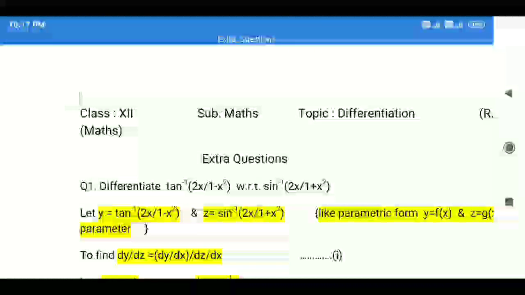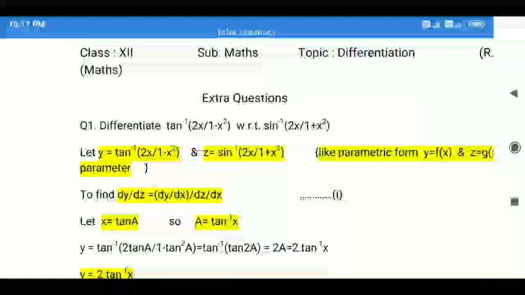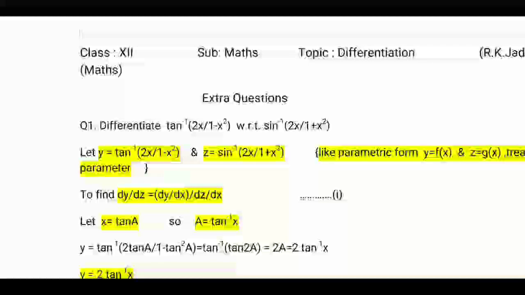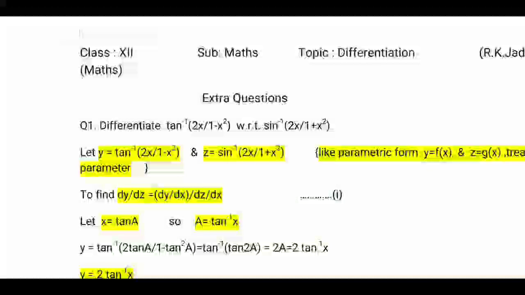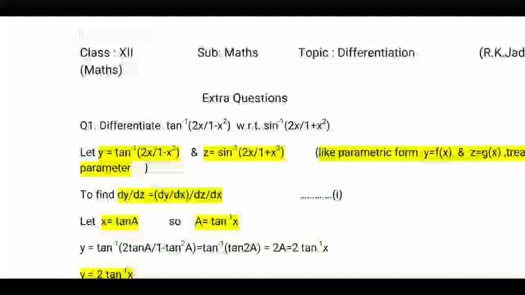Now here you are having two functions y and z, both are functions of x. So treating x as a parameter, we have to find tan inverse 2x upon 1 minus x square with respect to sin inverse 2x upon 1 plus x square, means dy upon dz.